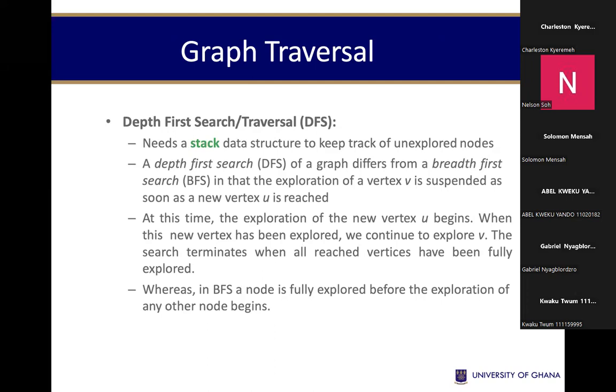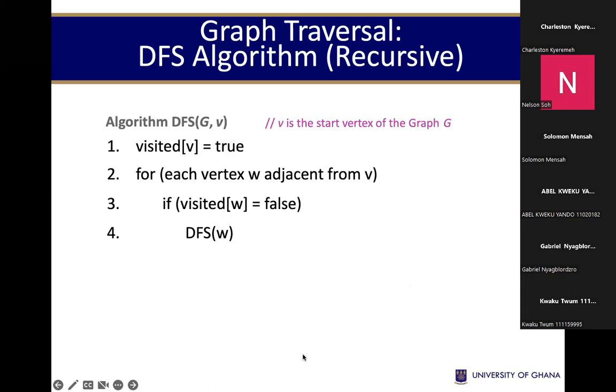So that's how it works. And it uses what we call a stack, whereby we implement last in, first out. So in this case, we have a simple algorithm: if the visit is true, then for each vertex W adjacent from it, where W has not been visited, in other words it's false, we repeat the whole DFS algorithm again.